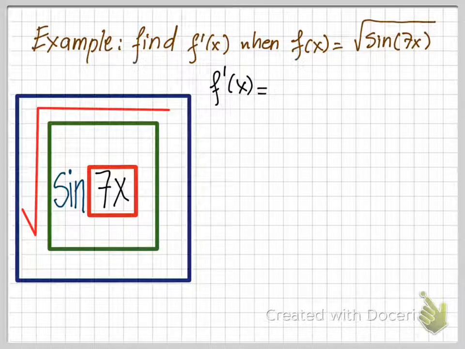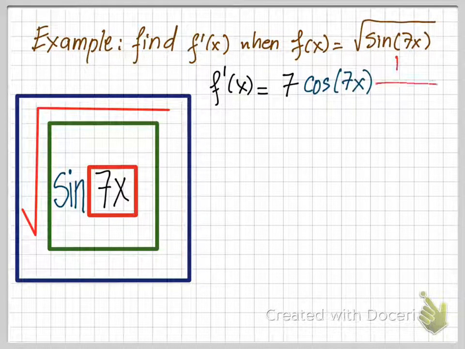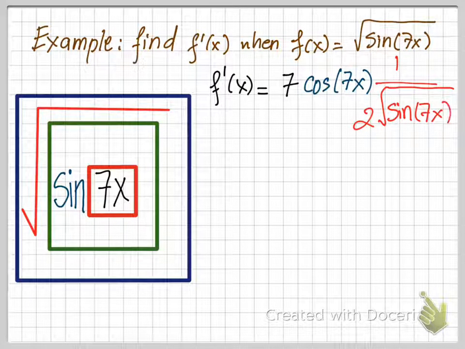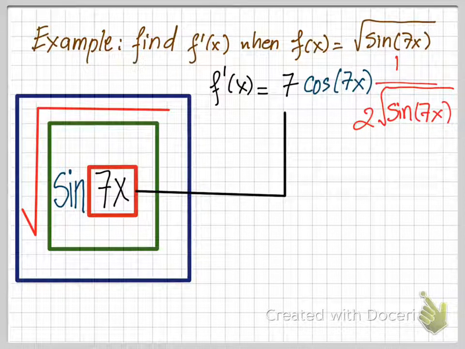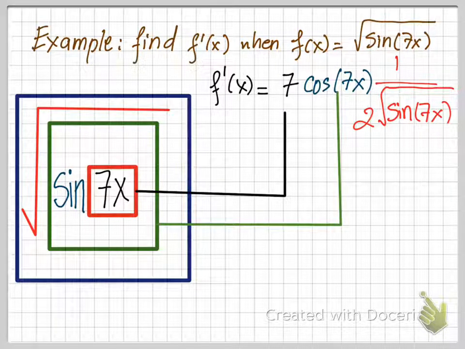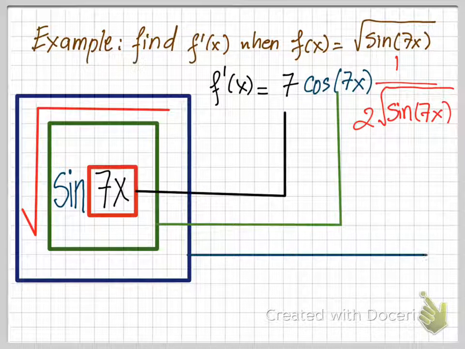We're going to find the derivative by first looking at the inner box. Find the derivative of the innermost box. The derivative of 7x is 7. Then you go to the middle box, the green box. Find the derivative of this function in terms of the red box. That means the derivative of sine in terms of 7x, to get cosine of 7x. And then you go to the outermost box, which is the square root function.